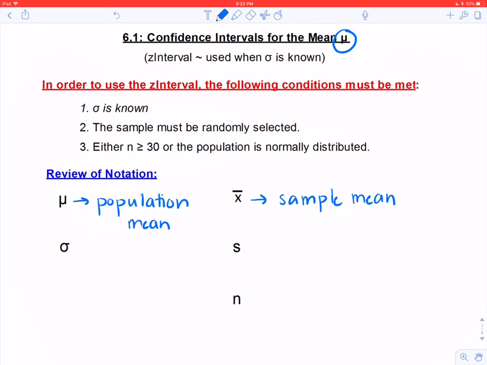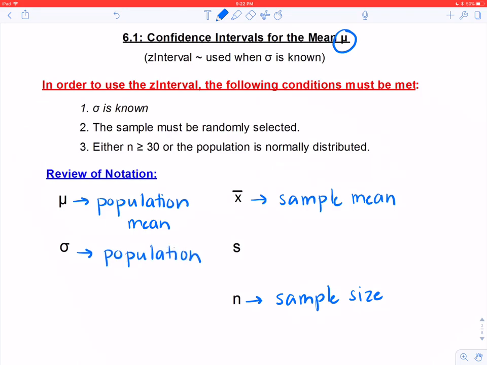Now, some other values that are going to be very important to us as we do this will be the value of n, which is, of course, the size of our sample, and the standard deviation. Because we're going to be using an interval estimate, the amount of variation is going to be very important in determining how big or how small that interval needs to be. So we're going to see values of sigma, which again we saw a great deal in Chapter 5.